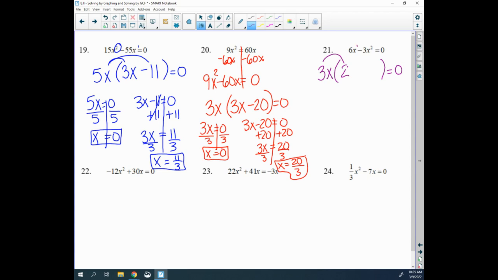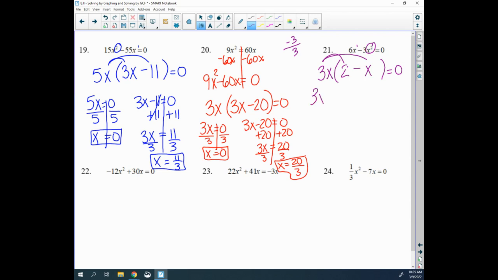I had 1x, but I pulled him out, so he's gone. All right, 3 times what would give me negative 3? Negative 1, good. And remember, if you're stuck, just divide it. Say, this is what I have. I pulled a 3 out of it, so that leaves you with negative 1. And I had 2 x's, but I pulled one of them away, so I'm still left with 1x, x to the first.